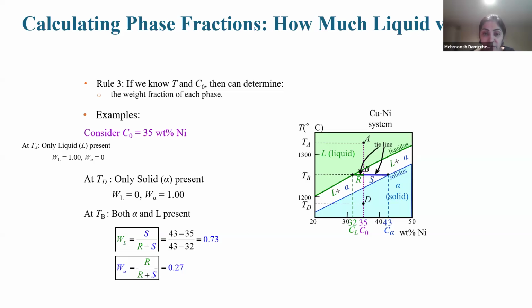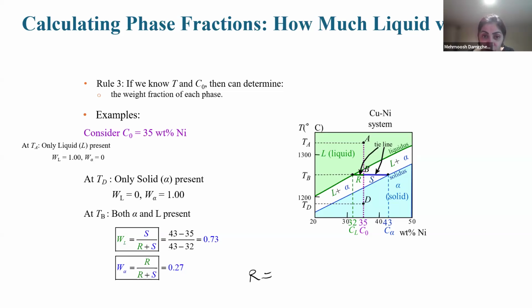I always say to my students this trick: we have two lengths here, or two sides, R and S. Which of them is far from alpha? R. So W alpha, the weight fraction of the alpha phase or solid solution, is the side that is far from it, R, per the total length, that is R plus S. We can find R, S and R plus S by reading C alpha, C naught, and CL. What is R?